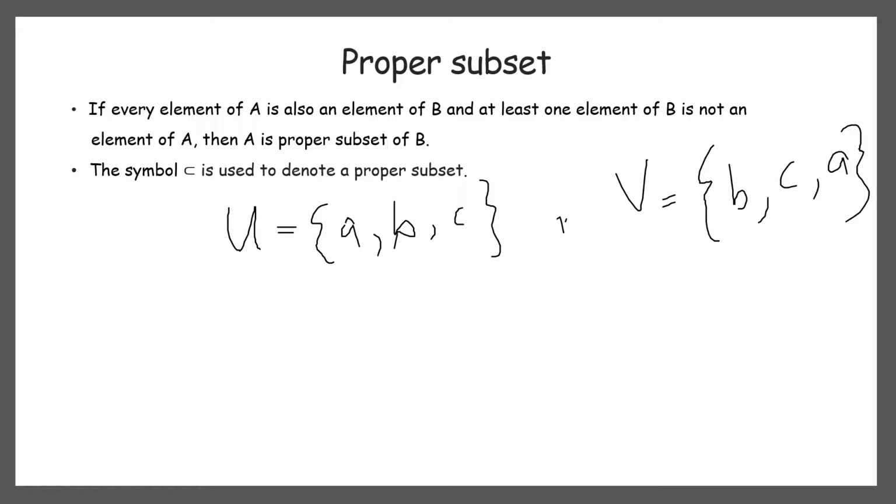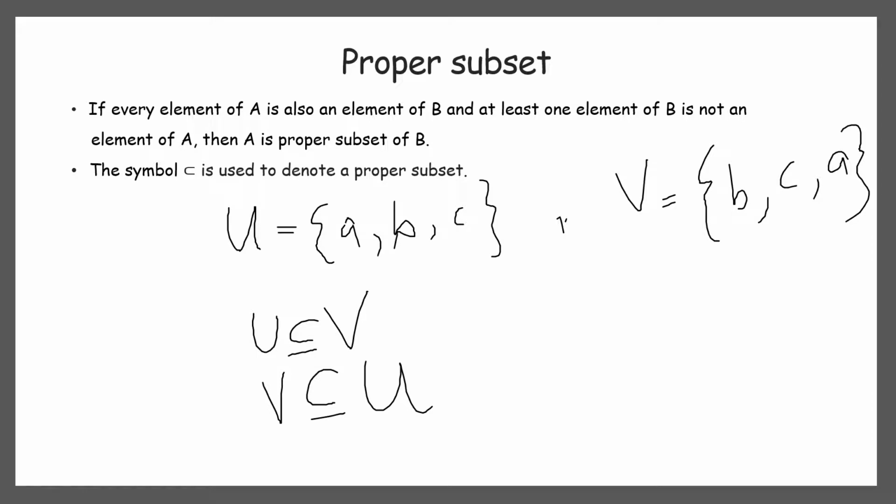So each element of U is present in the set V, and each element of V is also present in set U. It means that U is a subset of V and V is also a subset of U.